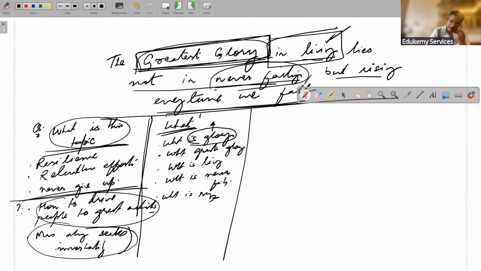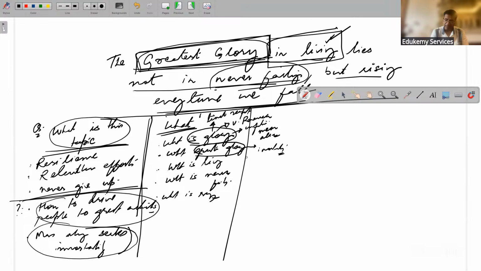For example, what is glory? Glory could mean some kind of timeless respect. Glory could mean unquestioned reverence. Glory could mean unfailing memories, unfailing memories of achievements. And what do you mean by greatest glory? I said it borders on immortality.